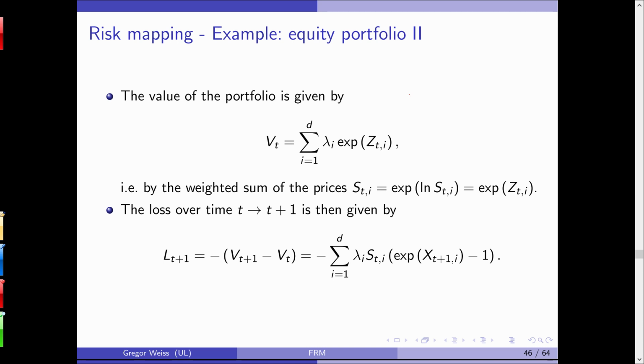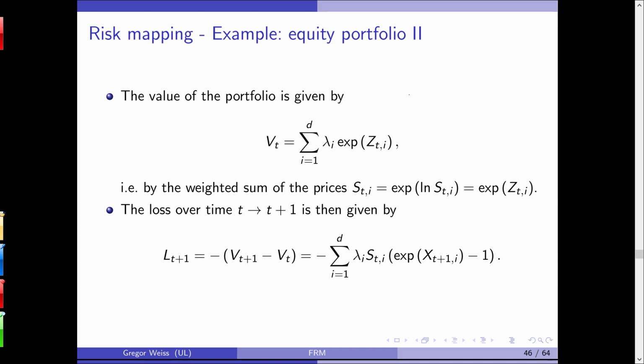Then the loss is given by minus the weighted sum of S_t times the exponential function of the change in the logarithmic price, minus 1. Do this at home, and hopefully you will see that the calculations are correct. I hope so. But at this point, it makes sense.